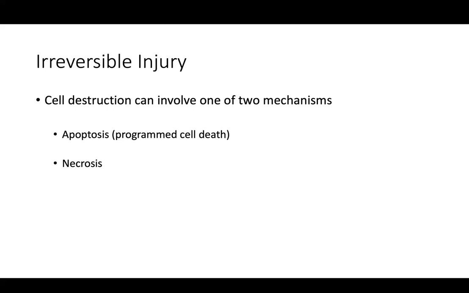This is cell destruction through one of two mechanisms. It's either going to be apoptosis, or sometimes people say apoptosis. I say apoptosis. This is something called programmed cell death. It follows a biochemical pathway. We're going to learn the biochemical pathway of it. And the other mechanism is necrosis, which is accidental cell death.